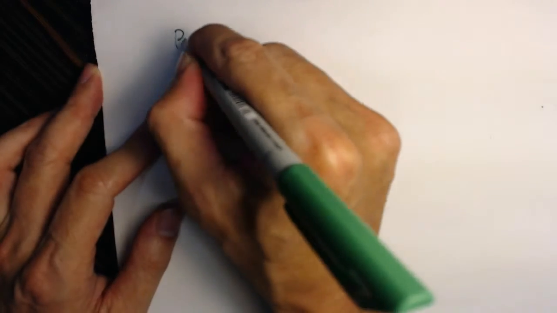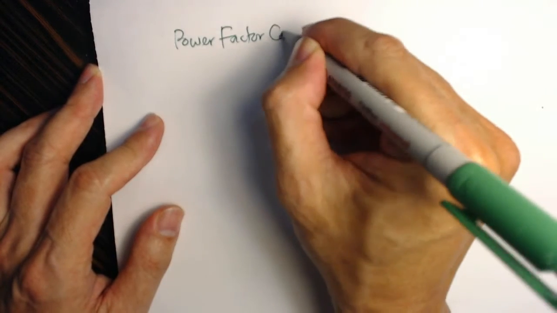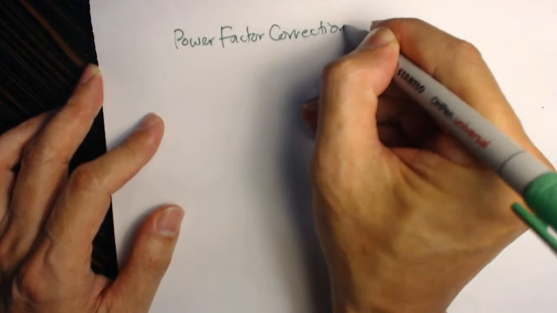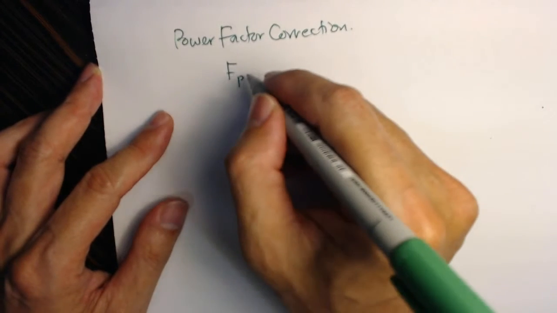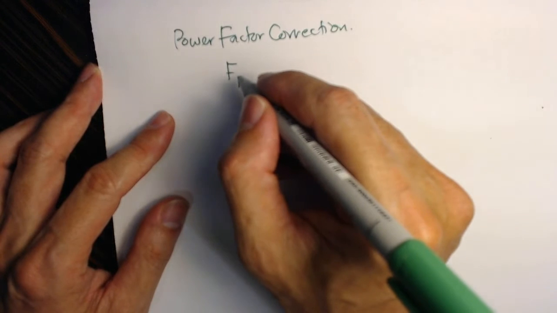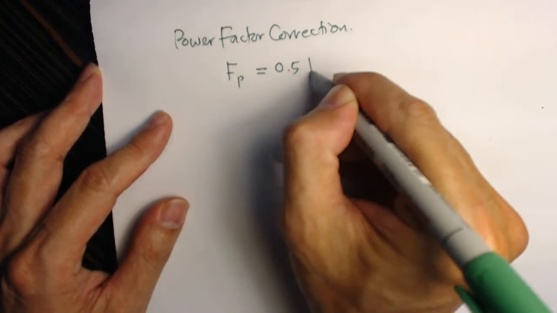The power factor correction method. The original power factor was 0.5 leading, right? 0.5 leading.